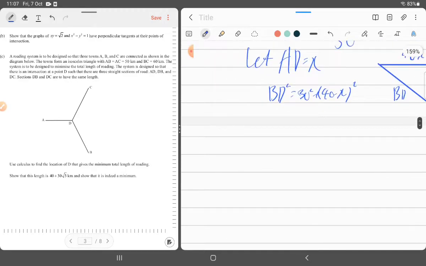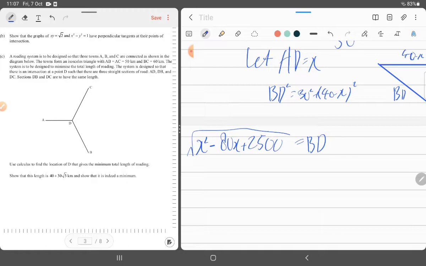Yeah, so we have two of those, so BD squared, actually I believe, is x squared take away 80x plus 1600 plus 900, which is 2500. Square root of that is equal to BD.